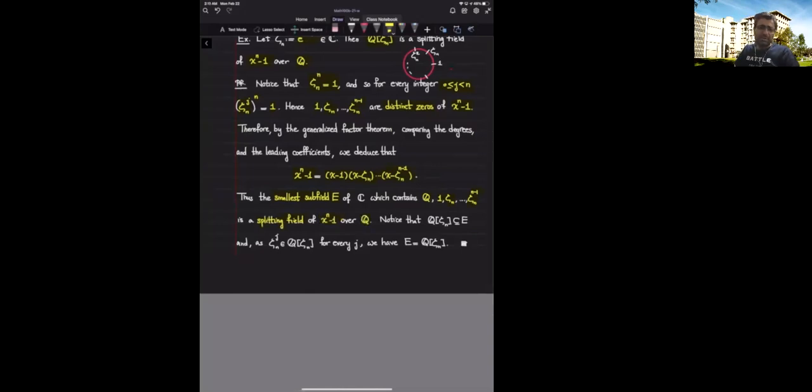Now, one thing that we can observe immediately is that zeta sub n is among these elements, and therefore Q bracket zeta sub n is definitely a subset of this smallest field that contains all these powers of zeta sub n. Now, when we say it out loud, we clearly see that the powers of zeta sub n are already inside this ring.